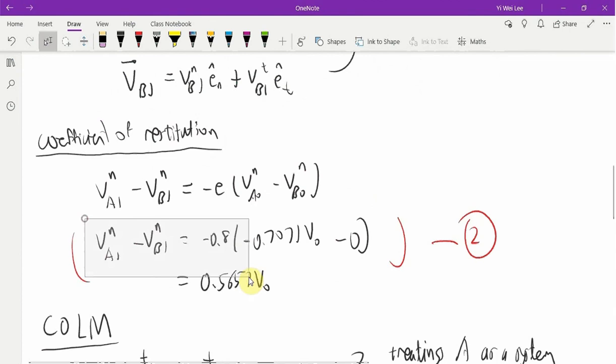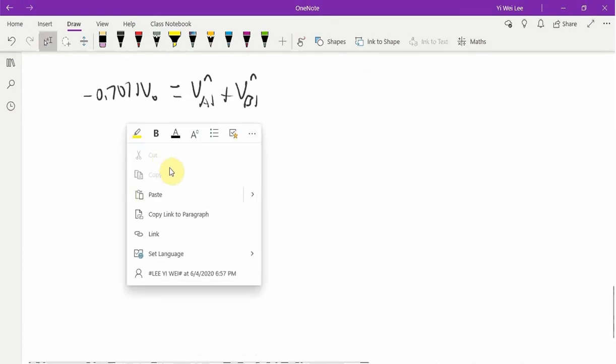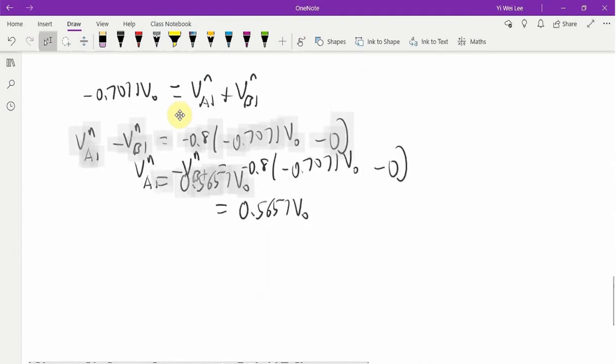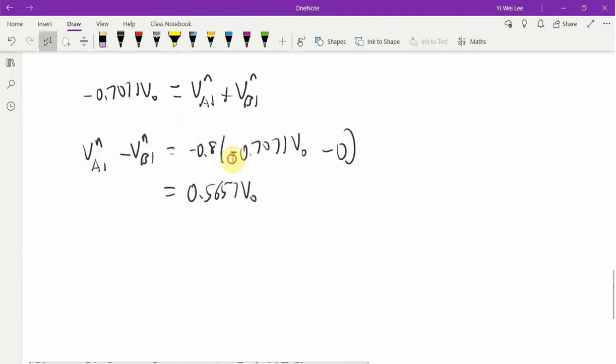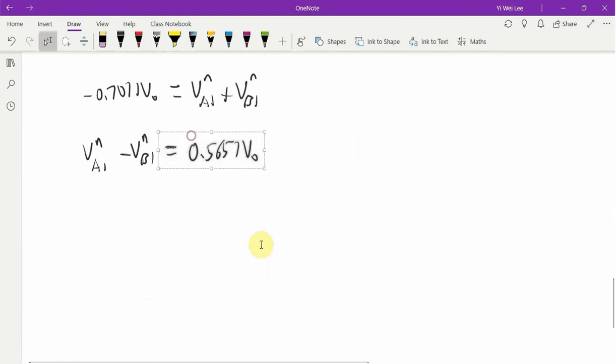And you can see both these things. So actually this is not needed. We can just simplify this one. Cancel this out. Cancel this out. And we can shift this to here.